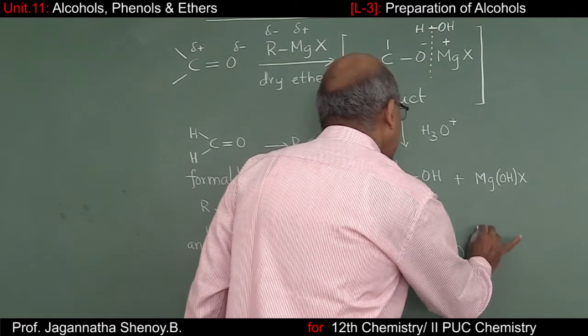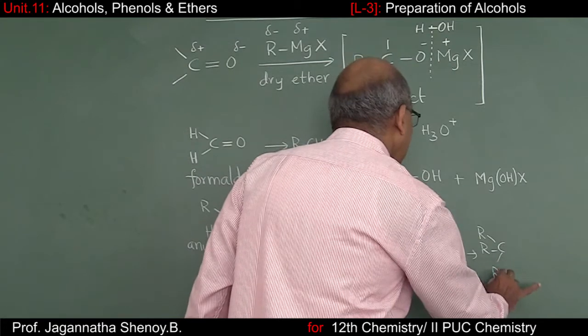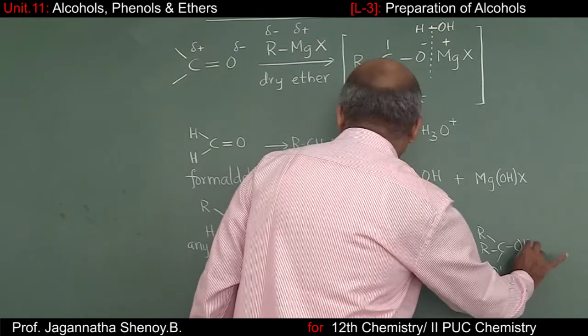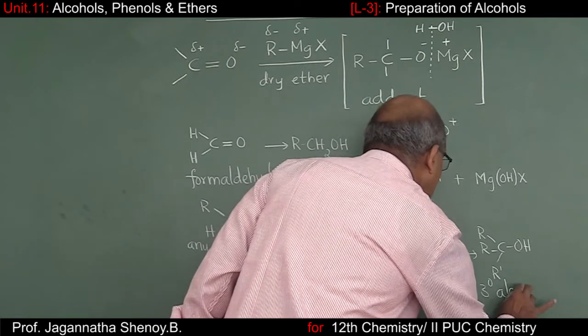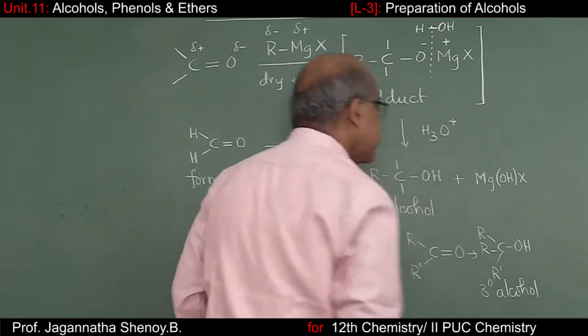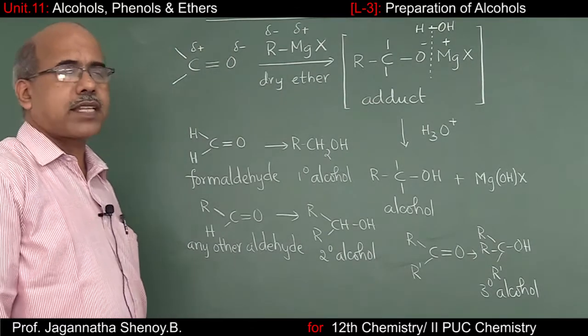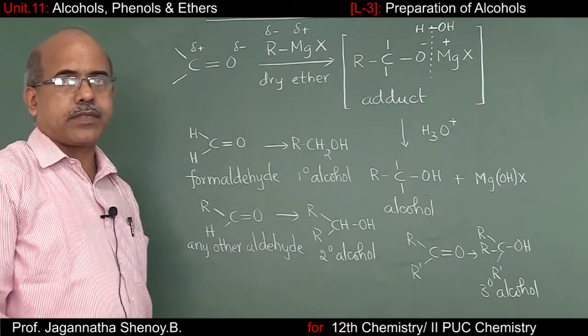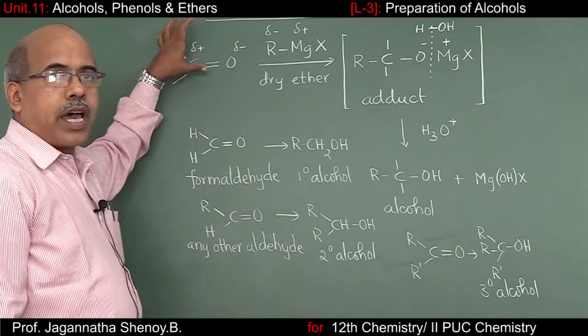I can represent it like this: RCR, and here you have R dash and OH. What is obtained is a tertiary alcohol. So we can go on writing down specific examples one by one. Whatever I have written here is the general reaction.